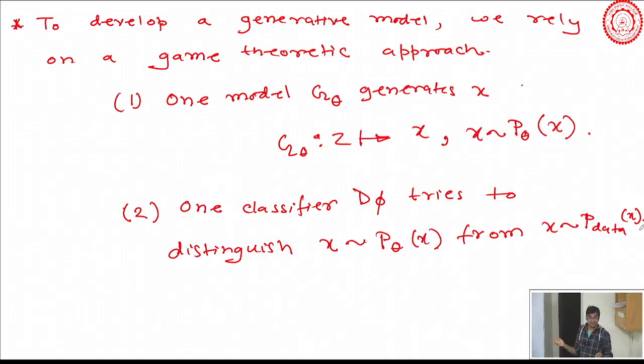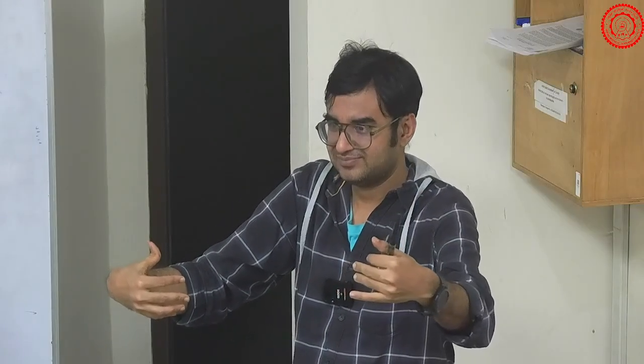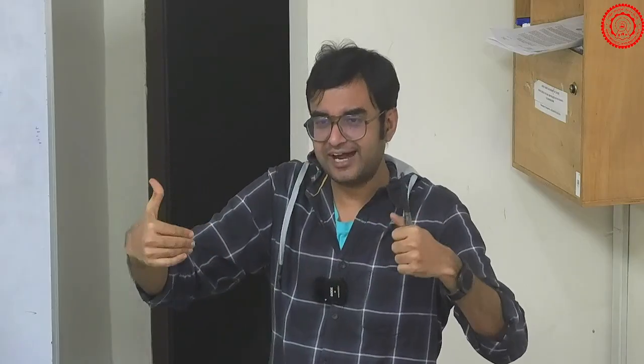Right now nothing is trained. I've not even told you how to train it. I've just told you two things: that the generator will try to generate data so that the classifier is not able to distinguish those data from the actual data. The generator will try to generate data such that the generated data looks like real data to the discriminator, the classifier.